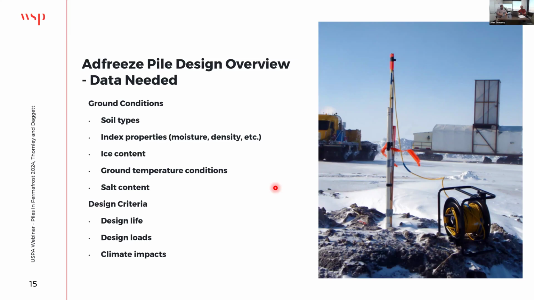But we have some critical things that we need to get from this. So it's very important to consider the things that we're going to get from the ground conditions, and then the design criteria like we talked about before.